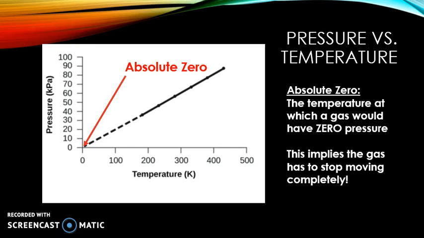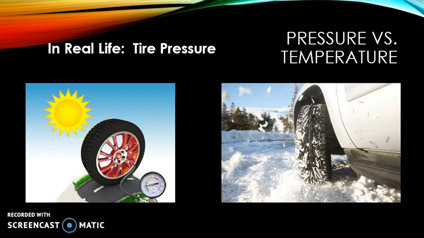I think it also might be helpful to have a real-life example of this law in practice. And the best thing that I can think about would be tire pressure. Now, your tire is essentially a rigid container. Its volume doesn't necessarily want to change. But we expose it to a variety of different temperatures and riding conditions depending on where we live or where we're visiting.